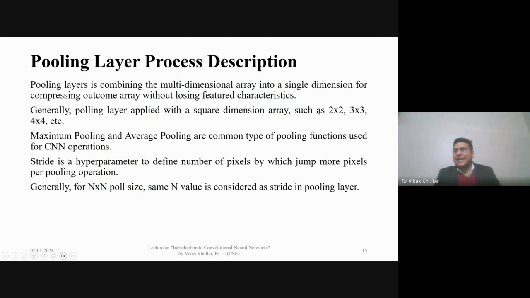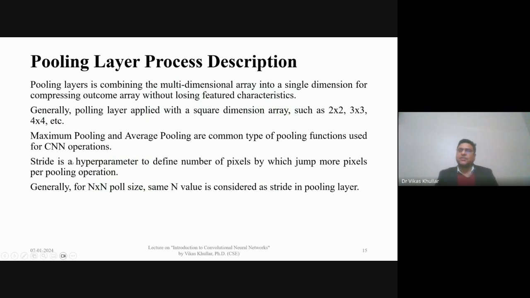Generally, we apply 2 into 2, 3 into 3, and 4 into 4 kind of pooling parameters for the operation. Three types of pooling functions are there: minimum pooling, maximum pooling, and average pooling. Generally we use maximum pooling as the function operation.